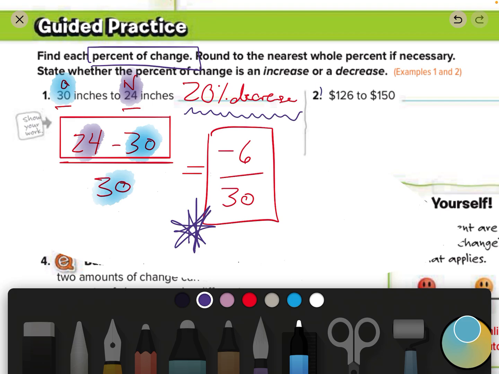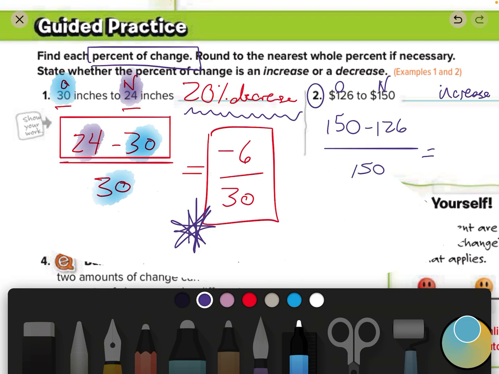All right, now let's look over here. Number 2, originally it was $126. Now it is $150. So the price has increased. It has went up. So I know it's some percentage of increase. And again, we got our handy dandy calculators with us. 150 minus 126 divided by 150. Okay.